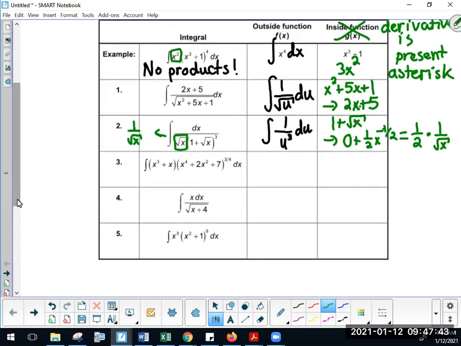Okay, so last night you're doing inside functions and outside functions, right? So for the next one, the outside function is something to the 3/4 power. I'm just going to call it u. What is inside of the 3/4 power function?